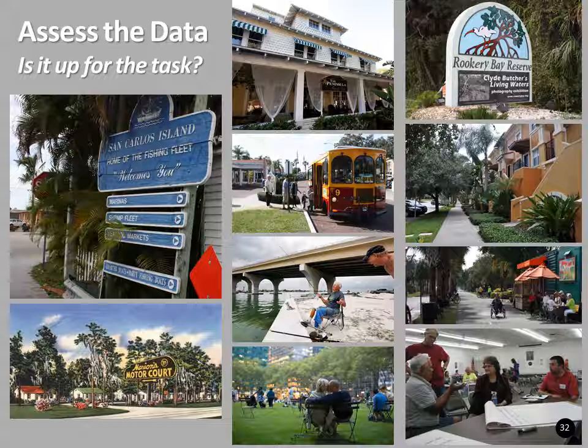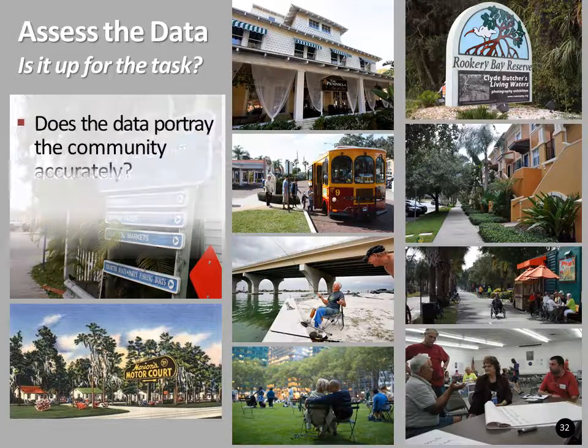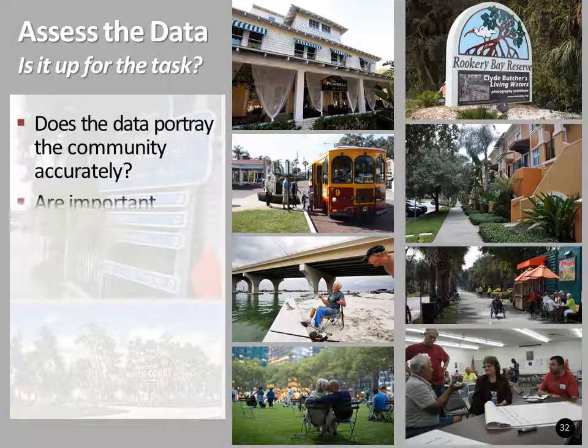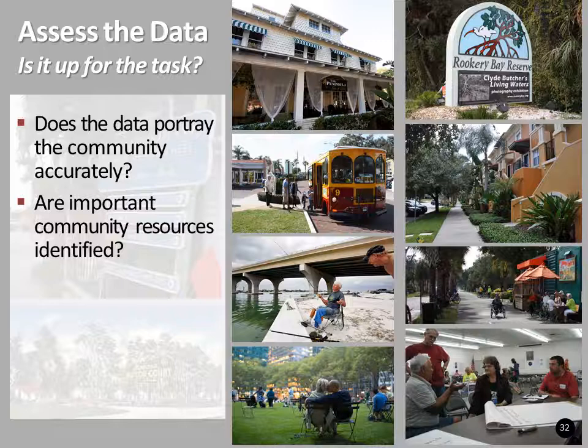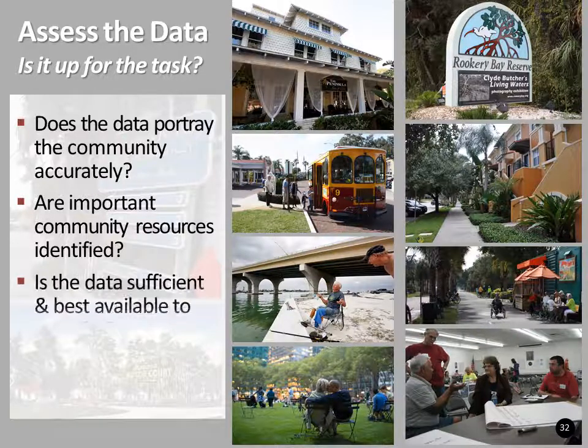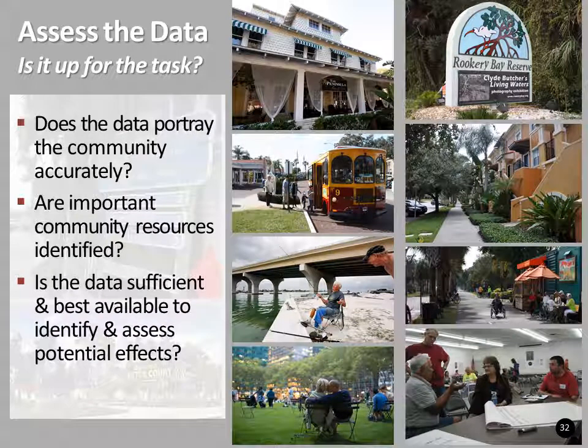Once you have collected all of the information you determined is needed for the SCE evaluation, the next task is to assess it for its ability to accurately portray the community, identify all important community resources, and inform the identification and assessment of potential effects for each SCE issue.